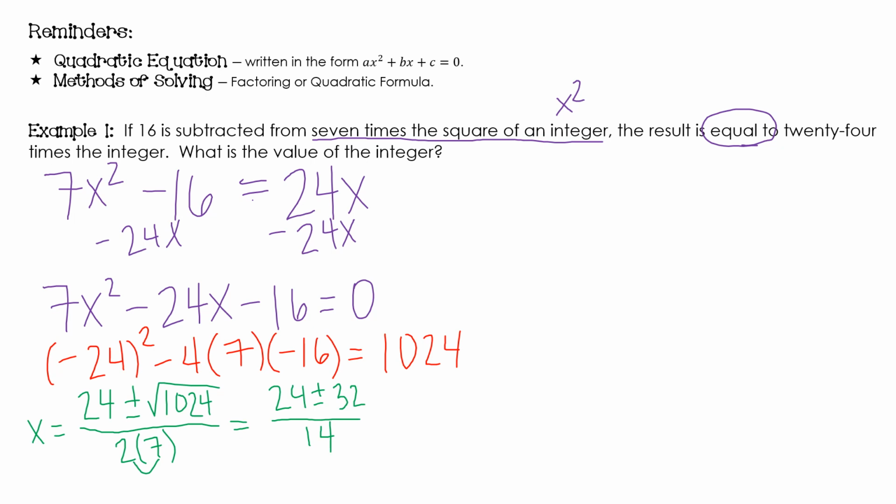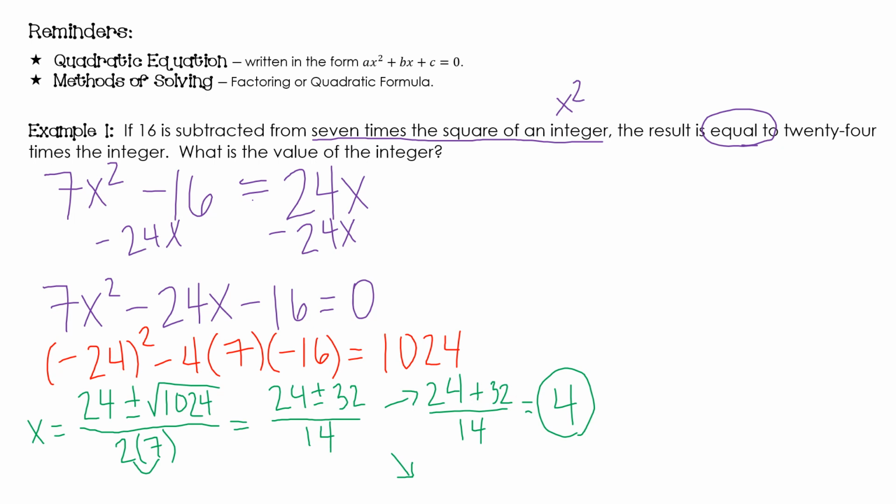So what we can do, and you can use the Desmos calculator to help you, is figure out what is 24 plus 32 and then divided by 14. If you get an integer, that's your answer. So here I get 4, that's my answer.